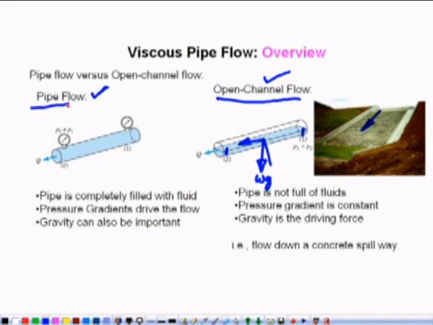But in pipe flow, the gravity also affects the flow, but the fluid does not move because of gravity alone. The fluid may move upward, the fluid may move downward depending on the pressure gradient in the pipe.